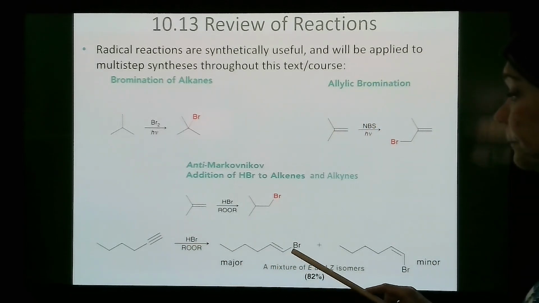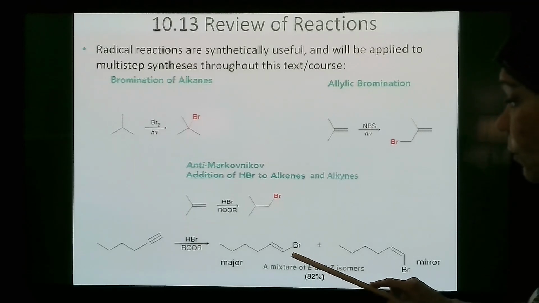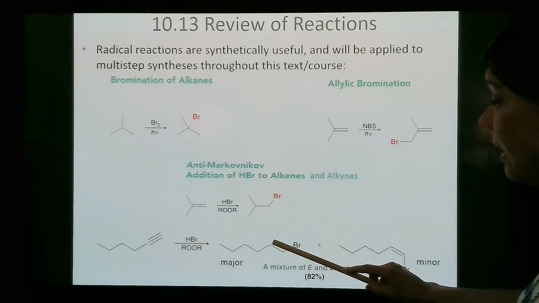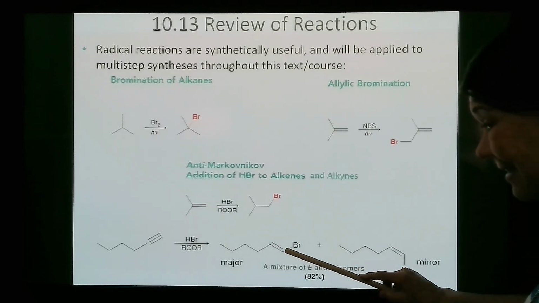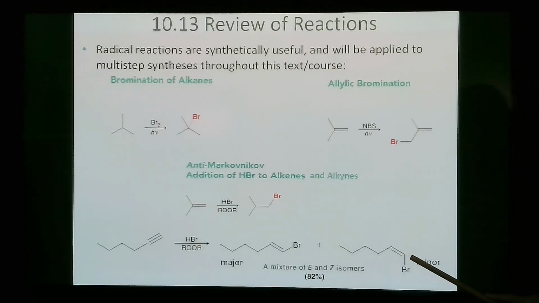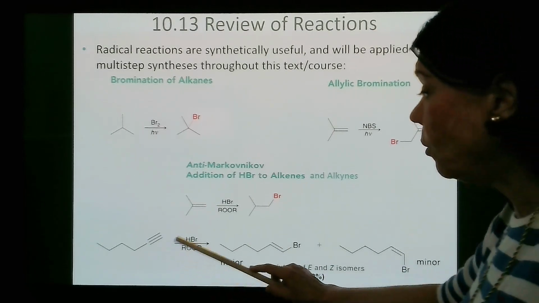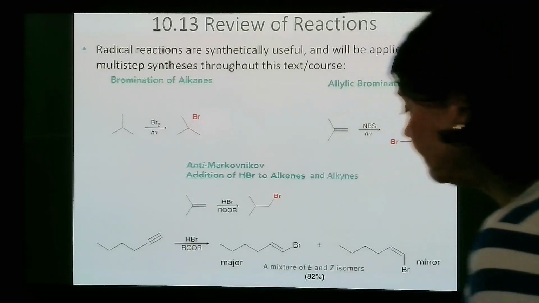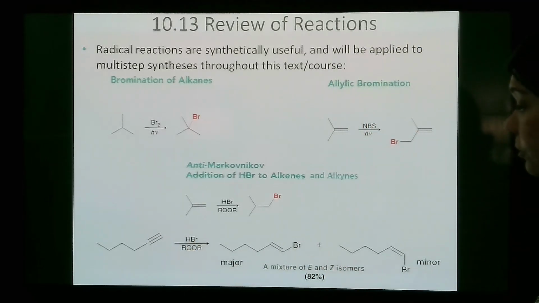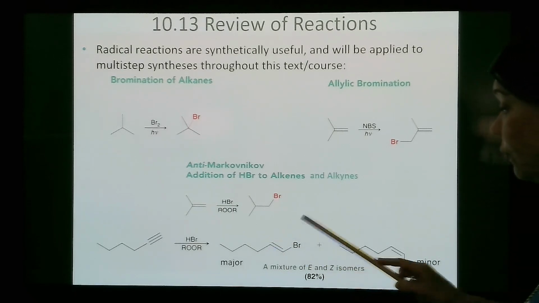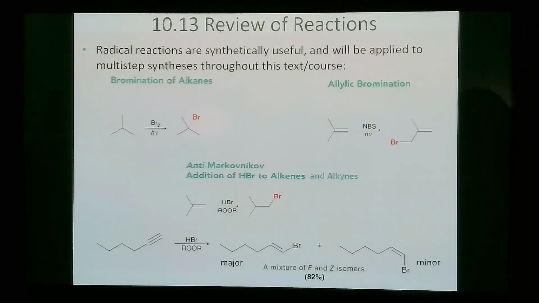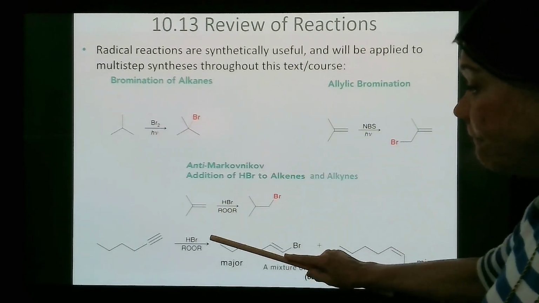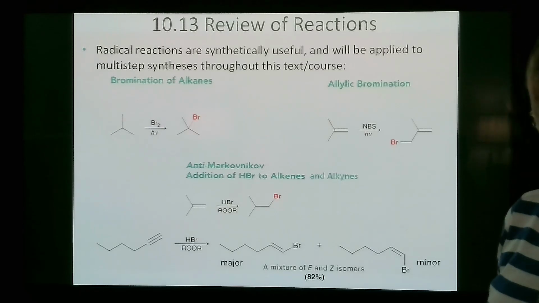And once again, you have the bromine substituent going to the less substituted end of the double bond. So here the bromine will go to the less substituted end of the triple bond. And so you can see the bromine is going to the terminal carbon, although you do get a mixture of E and Z isomers.